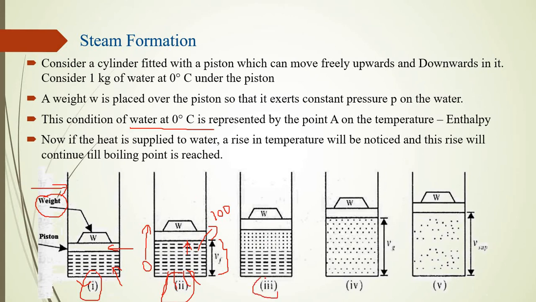Then in the third condition, the water is converted into steam. Here is the liquid form and here is the gas form. Liquid means water and gas means steam. The gas requires maximum space inside the cylinder, but the cylinder volume is fixed, so it creates pressure inside the cylinder.